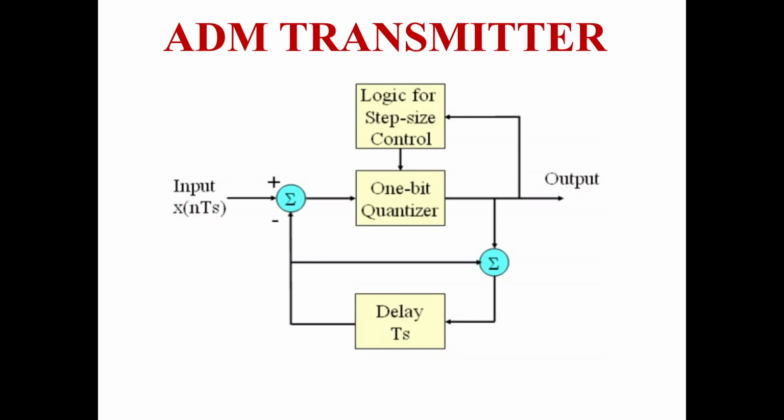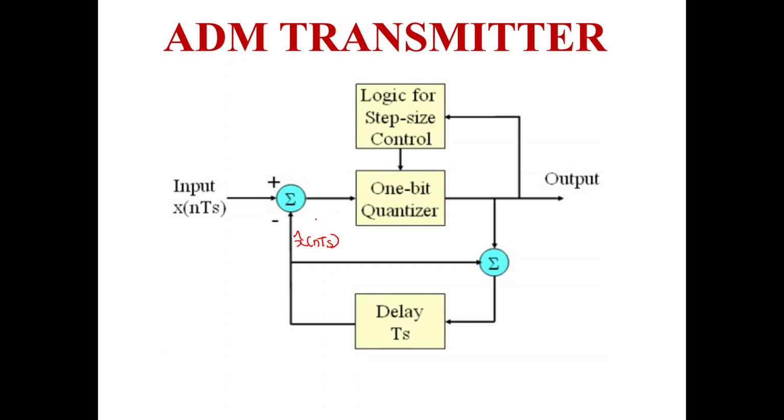This shows the transmitter block diagram of adaptive delta modulation. The transmitter block diagram consists of the comparator block, a quantizer block, an accumulator block, and a logic for step size control. The sampled signal is taken as x of nTs and its last approximated signal is taken as x cap of nTs.